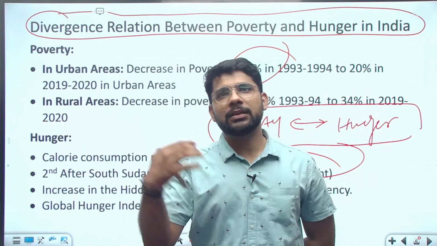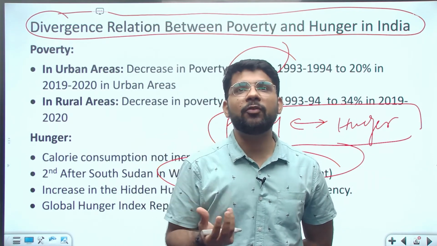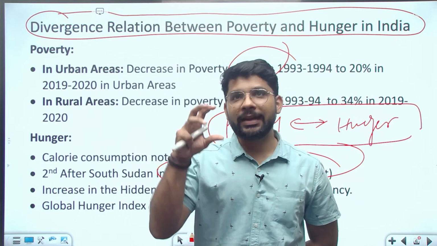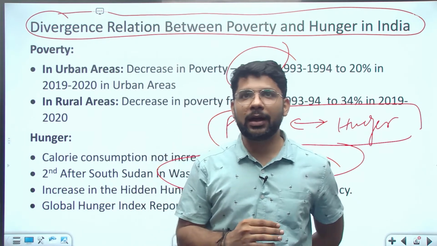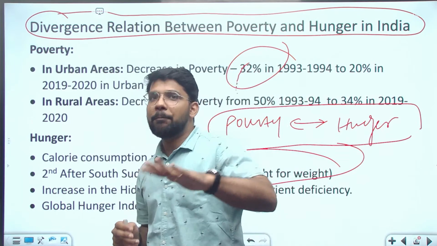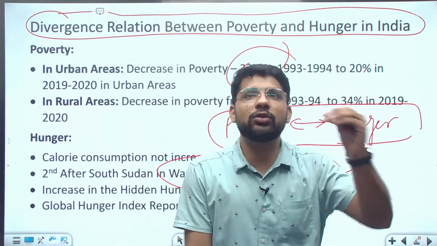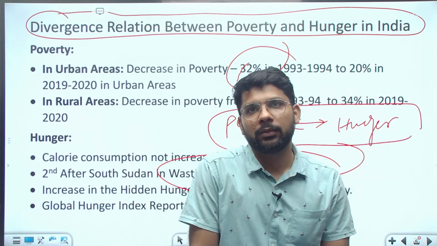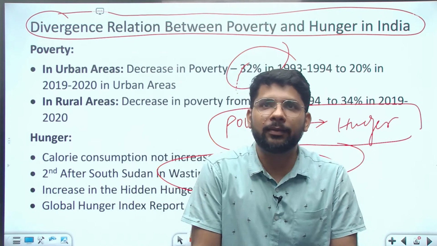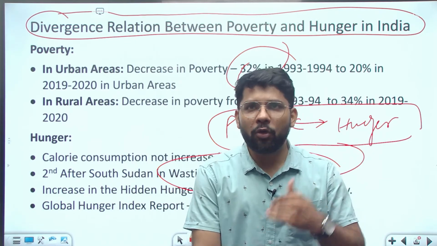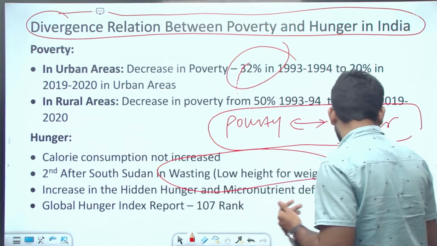So now let's discuss one by one, starting with the political factors. Are there any articles in the Constitution of India showing that you should implement and increase social spending? We will see all these things in the later part.